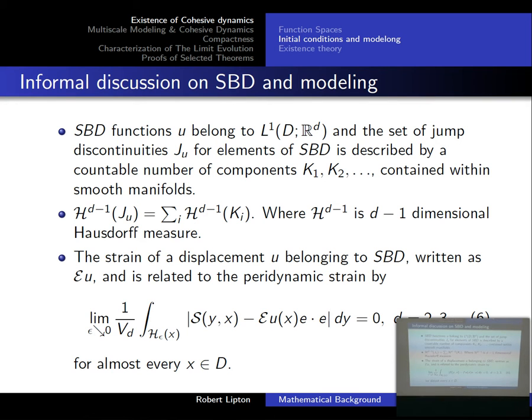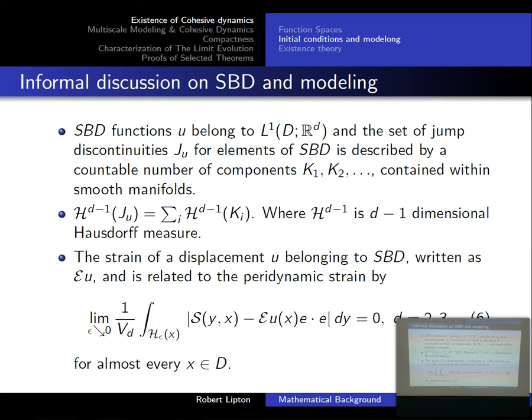As we pick almost every point in T, and we shrink these neighborhoods as epsilon goes to 0, and take the difference, suppose U is in SBD, then the strain of U in SBD, this difference quotient actually converges in measure to the actual symmetrized strain tensor of that deformation, okay?